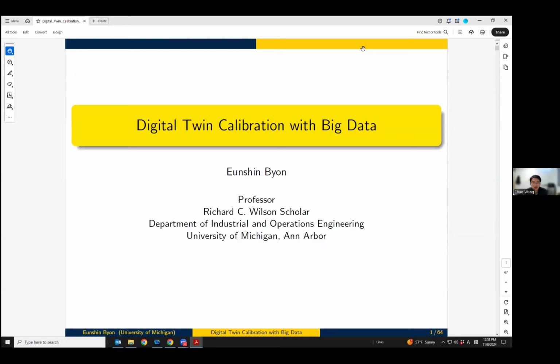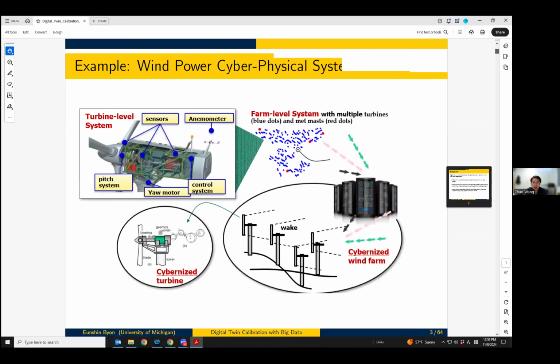Maybe actually, let me take the icebreaker. I have two questions, one for each of your works. For the first work, I am interested in using the decision tree to split the areas or the parameter space.